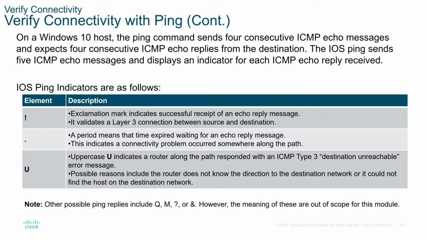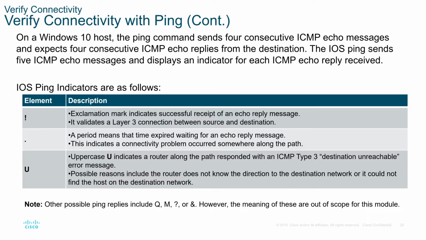On Windows 10 hosts, the ping command sends 4 consecutive ICMP echo messages and expects 4 consecutive ICMP echo replies from the destination. The iOS ping sends 5 ICMP echo messages and displays an indicator for each ICMP echo reply received.